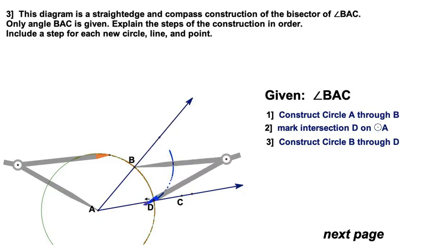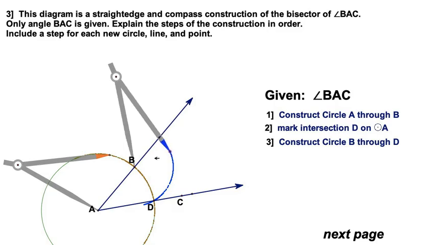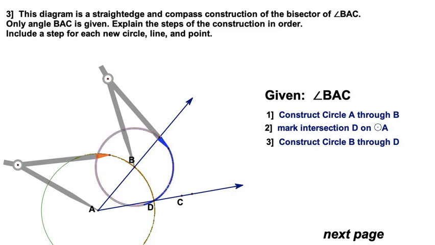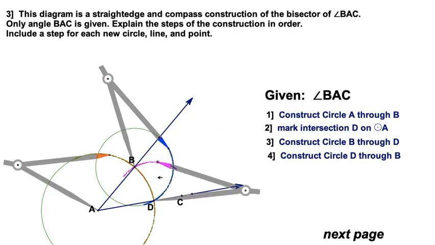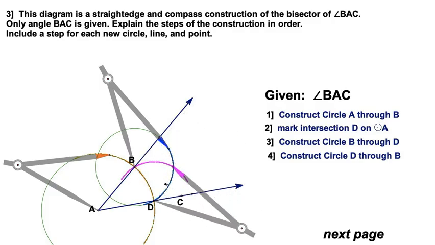If we were doing it the way we learned earlier, just doing arcs, we'd stop there because we know it'd be good enough. But if we made complete circles, it would look like that. We would flip our compass around and construct circle D through B. Now we've got it going this way, and you see the intersection we were looking for. That's all we needed.